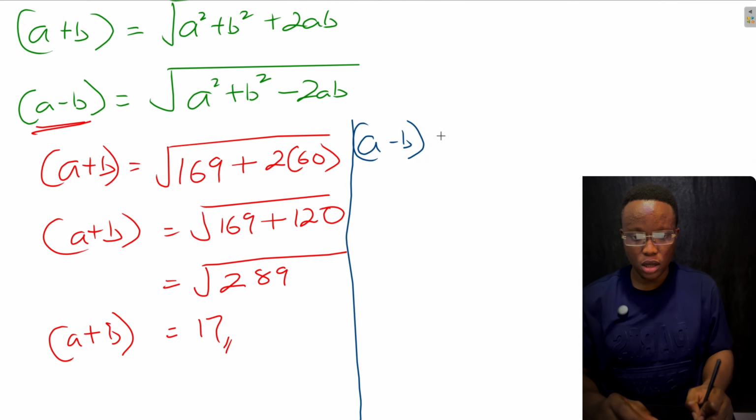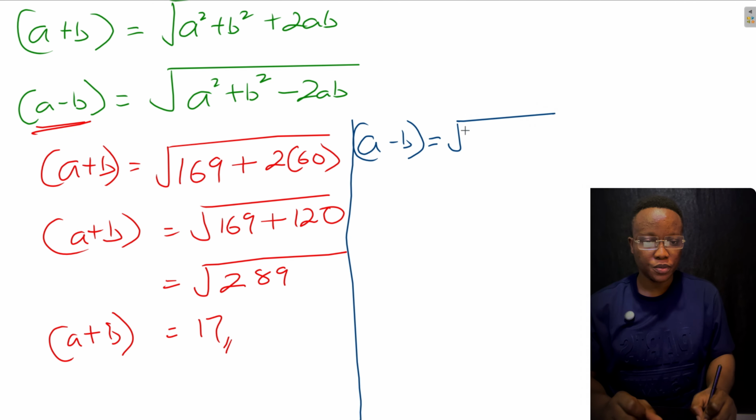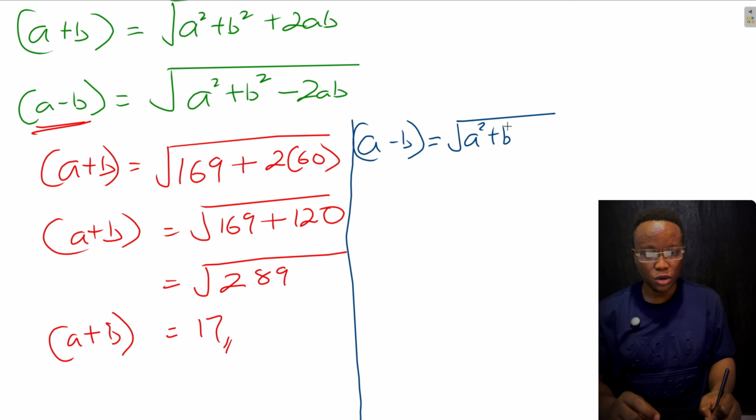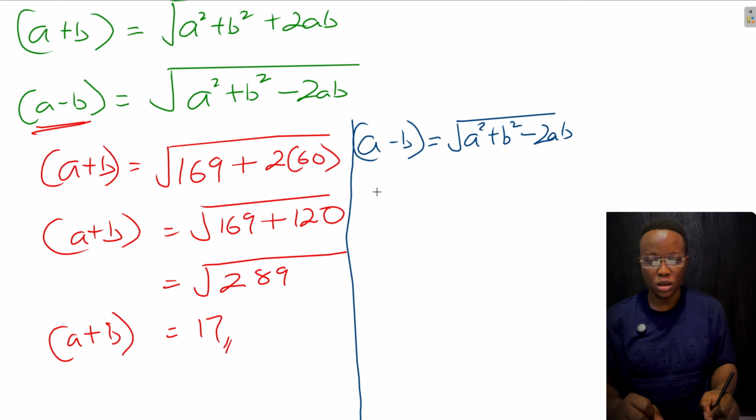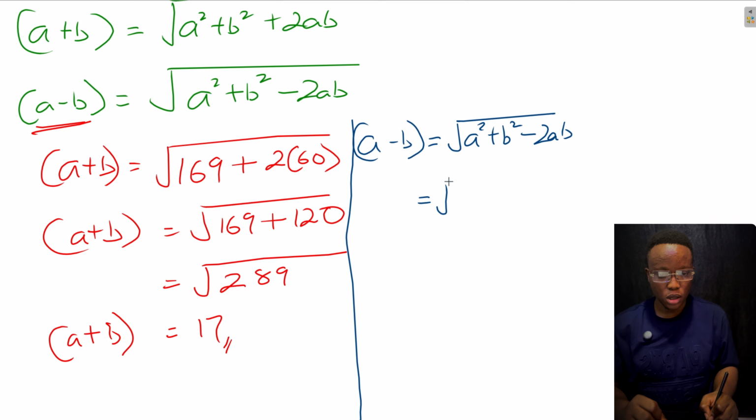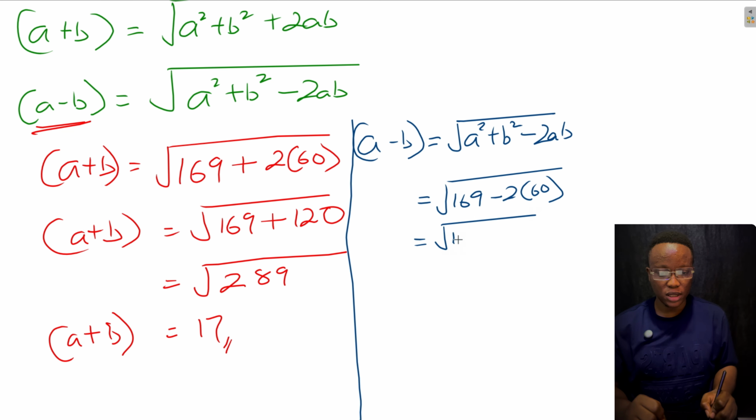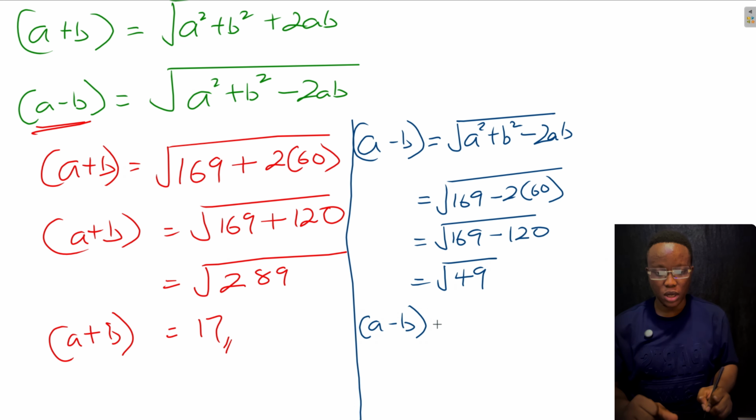A minus b will be equal to the square root of a squared plus b squared minus 2ab, which will be 169 minus 2 into 60, which will give us 169 minus 120, which is the square root of 49. So a minus b is now equal to 7.